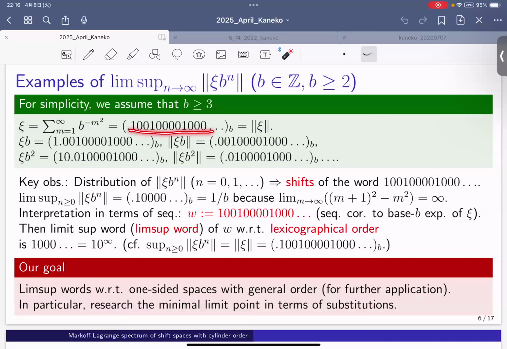So the key observation is that the distribution of the fractional parts corresponds to the shift of these words.